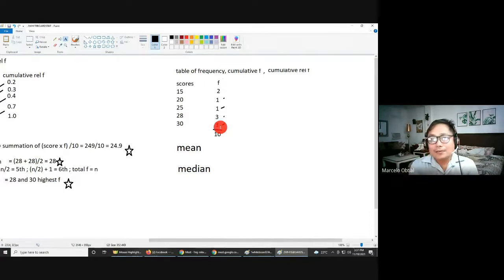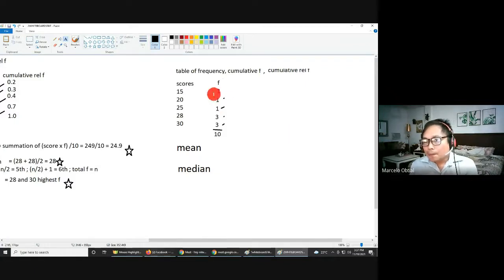Okay? Since naka-arrange na ito from the lowest to the highest, ibig sabihin, first and second na position is 15, correct? That's the meaning of F here. Okay? Kapag itong 1 dito, mas okay na cumulative frequency siya. So, 2 plus 1, 3. Bisan third. Okay?